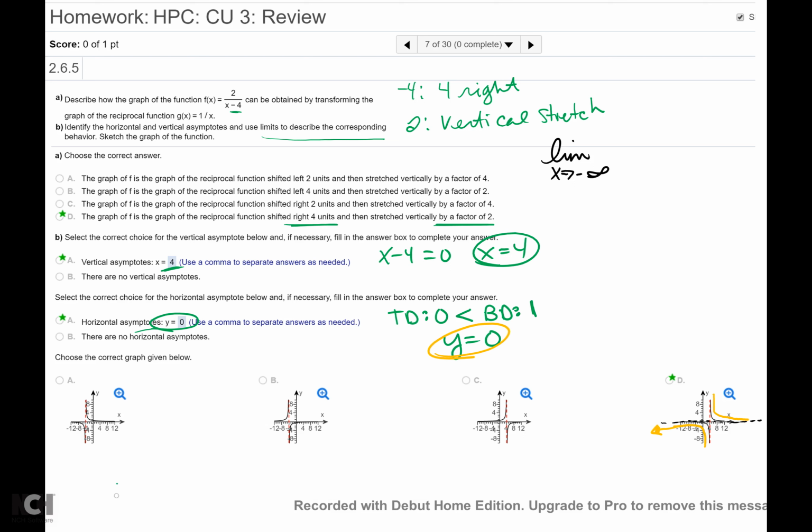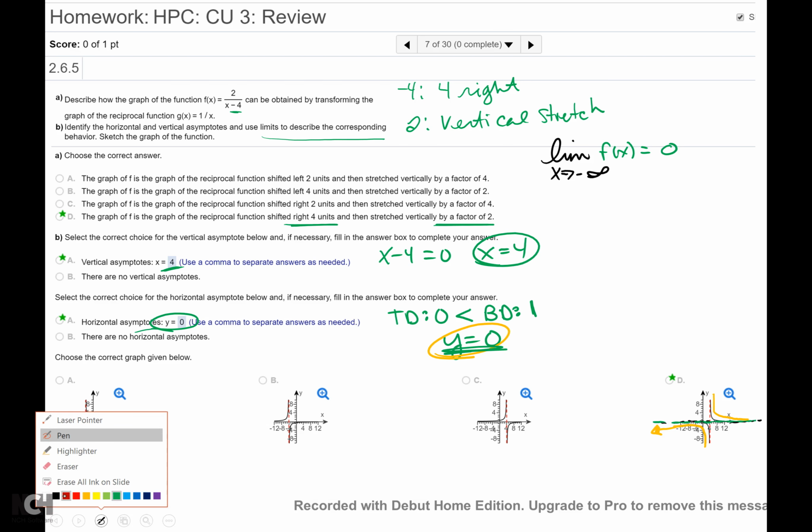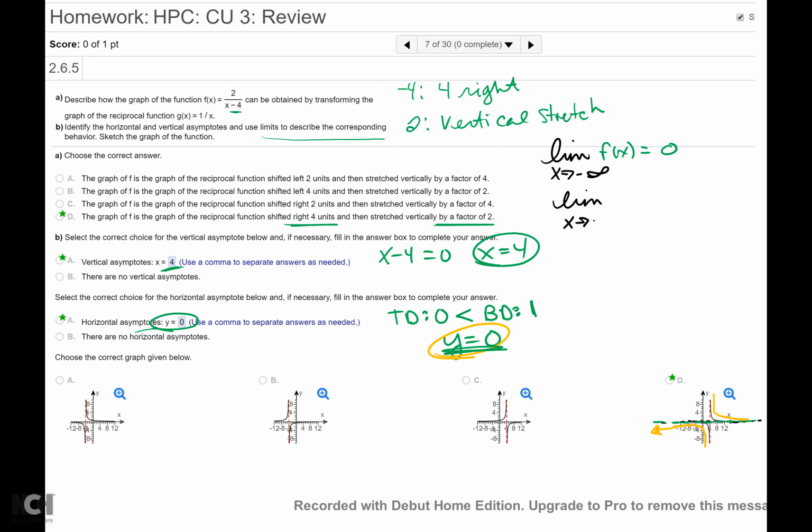Let me make it green so it matches this. Okay, it's getting closer and closer to the green line, so my function is approaching 0. And it's going to be the same thing on the other side because it's the end behavior, and the end behavior follows the horizontal asymptote. So as I go to positive infinity, again, my function is getting closer and closer to that green line.